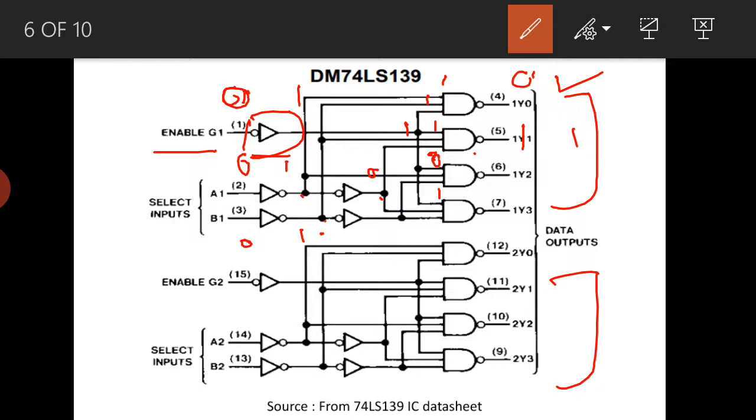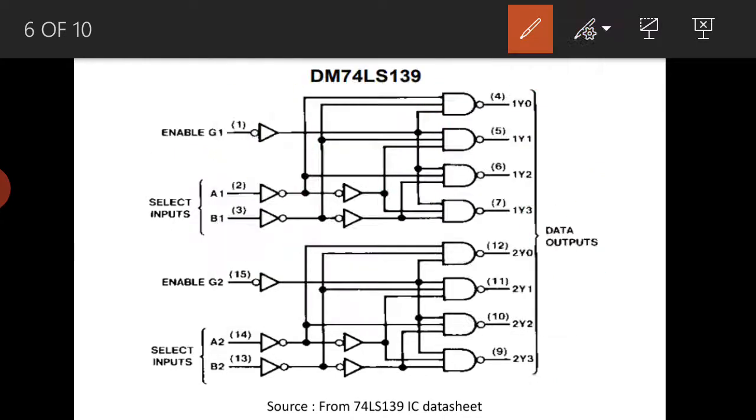Similarly, if one of the inputs at a NAND gate is 0, the output will be 1. In the third gate, B1 is again 0, so this will be 0 and this will be 1, and similarly the fourth gate output will be 1. So finally, if the inputs are 0 0, Y0 is 0, others will be 1 1 1. This matches exactly with the truth table.